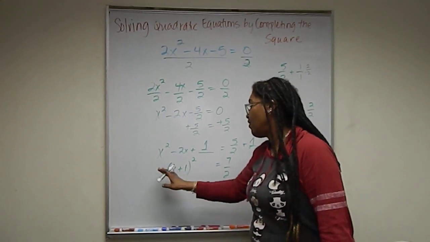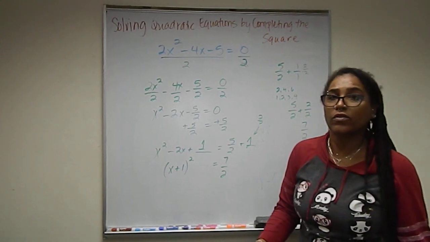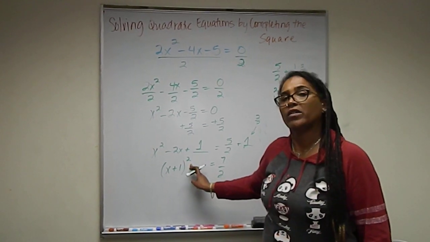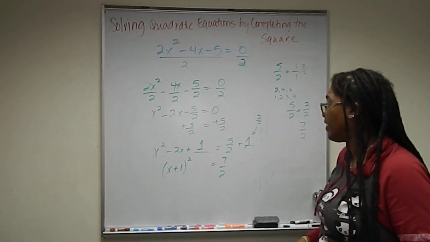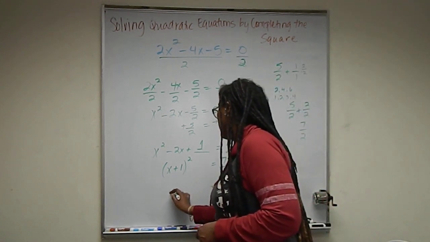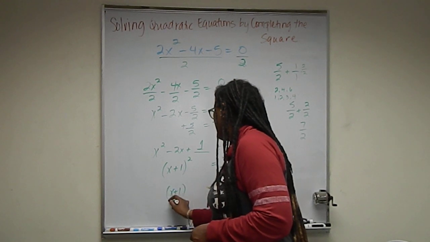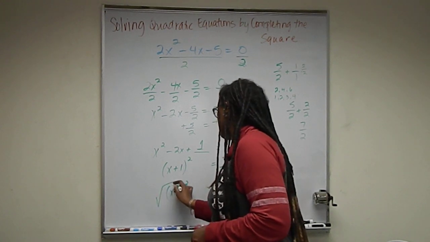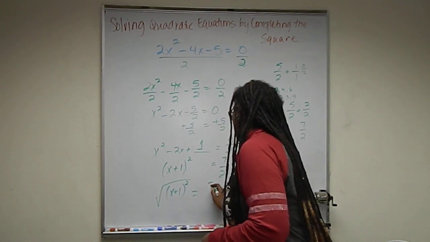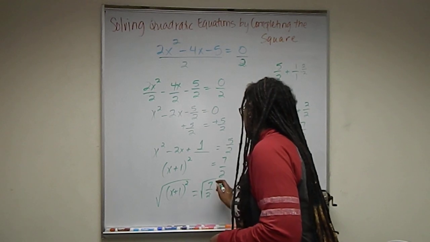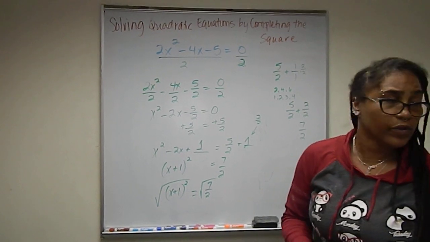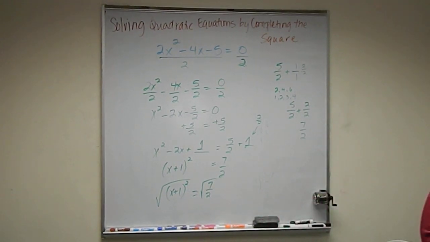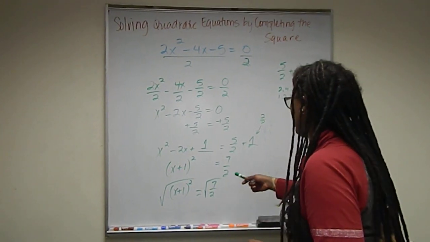All right, now I've gotten here, and what do I need to do? In order to make that squared go away, I have to take the square root of it. And whatever I do to one side, I have to do to the other. So if I have x plus 1 squared here, I got to take the square root of it, and that means I got to take the square root of 7 over 2. Now this might get a little more tricky, because I don't know if you remember your rules for radicals.